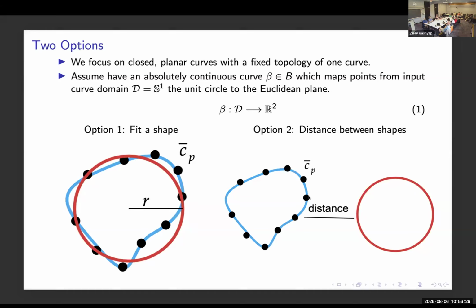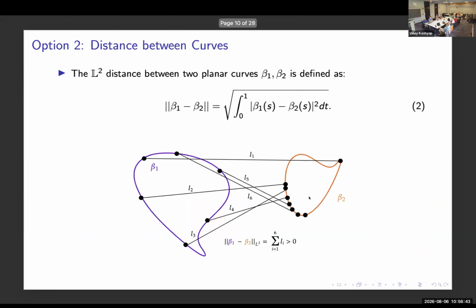Geometric data analysis and statistical shape analysis techniques look at a distance between two shapes. I ask how far away my estimated contour is from a circle. If they're really close, maybe the true thing is a circle. If they're really far away, maybe it's not. A very naive way to get a distance between two shapes is the L2 distance.